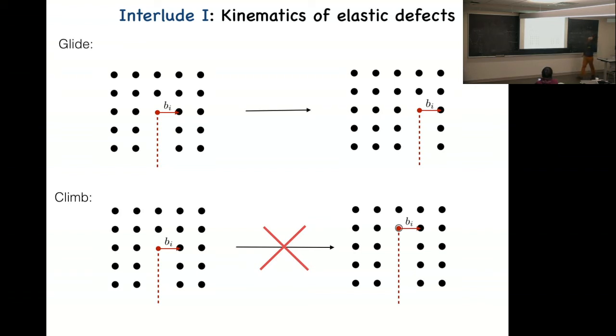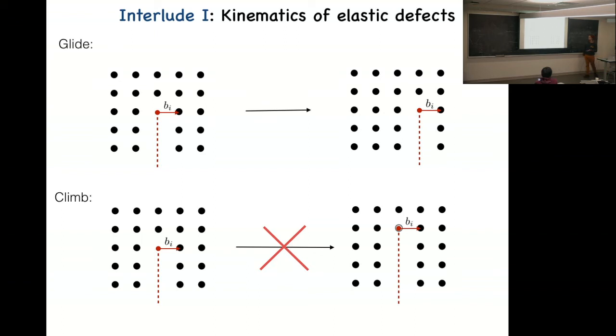Now, if I try to move the dislocation up or down, then I have to change something in the lattice itself. So if I move, for example, this dislocation up, then to move it all the way to the next lattice site, I have to erase the lattice site. And usually in crystals, lattice sites do not spontaneously disappear into the vacuum, nor do they appear out of vacuum.